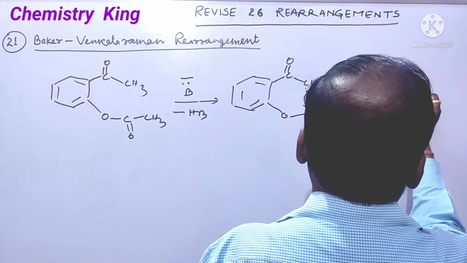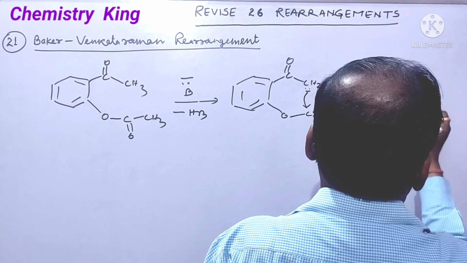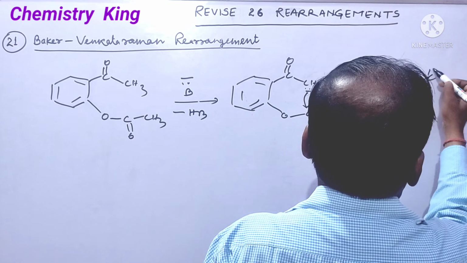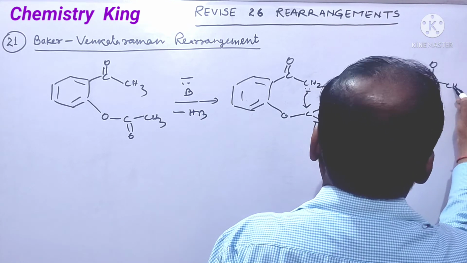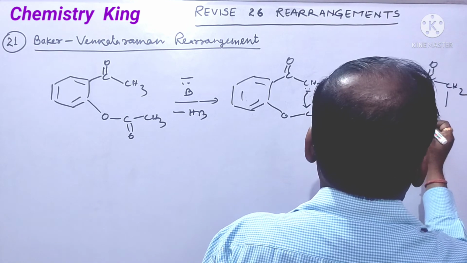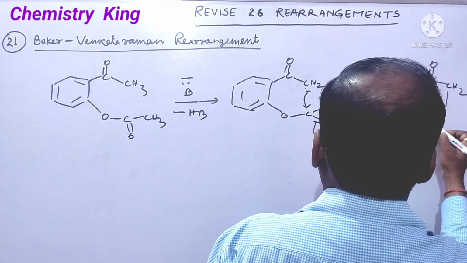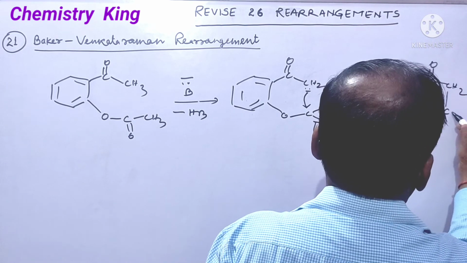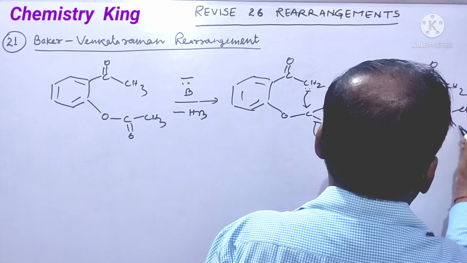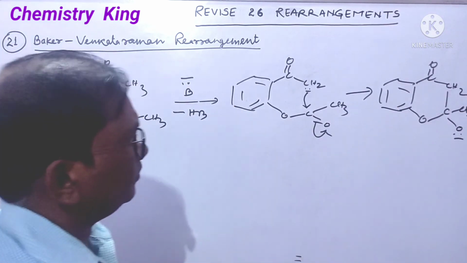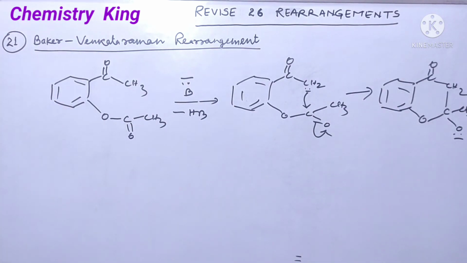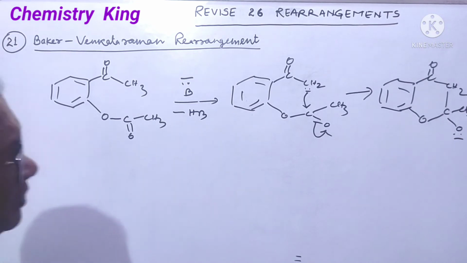Now you will get this: C double bond O CH2, O, C, CH3 O minus. Okay.